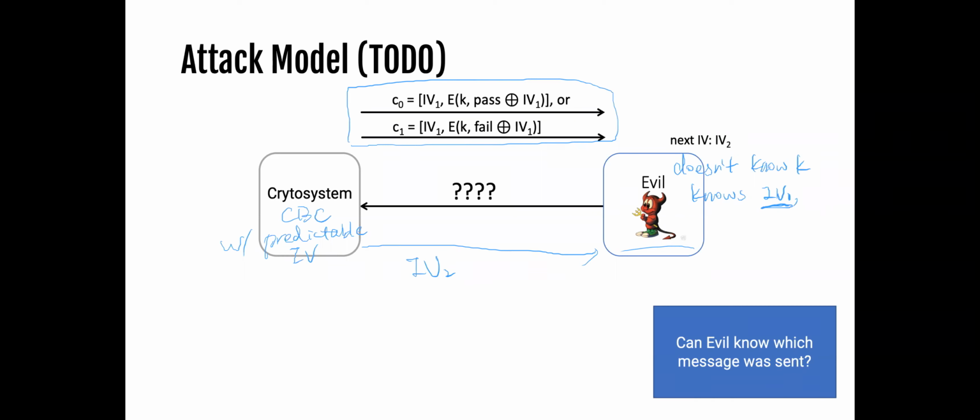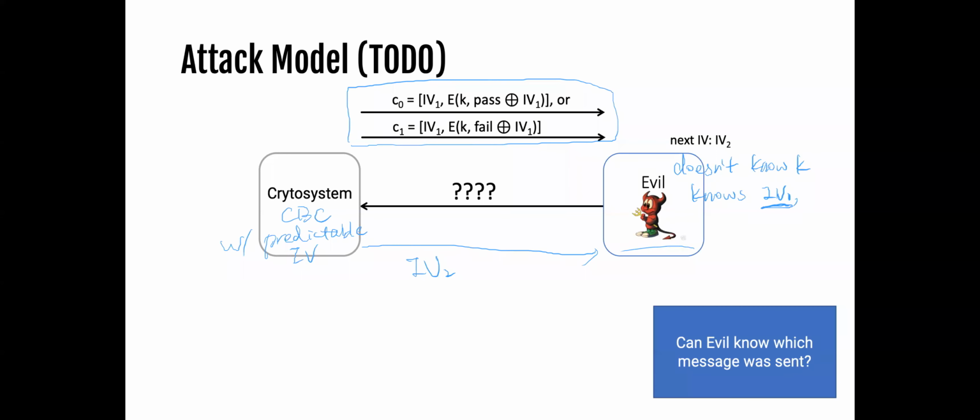All right, guys, I'm going to give you some time to think about how you could do it if you're an attacker. How can you construct a message in order to know what the previous message is, if it's C0 or C1, given that there's only two possibilities? Pass and fail, they're just the message.